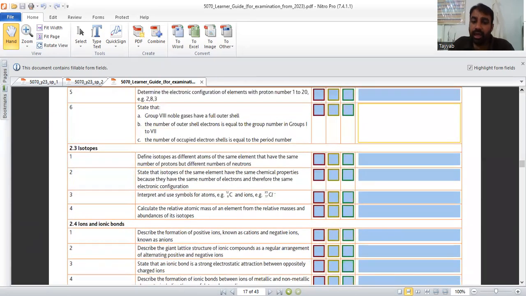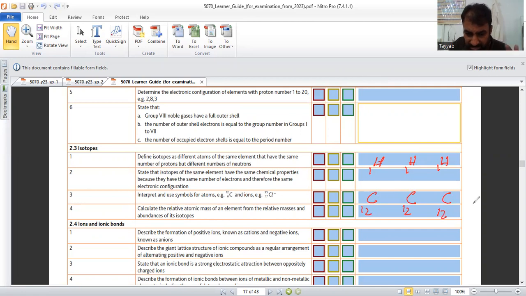That is, every hydrogen atom must have proton number 1. If it is hydrogen, it has proton number 1. If it is carbon, it has proton number 6.